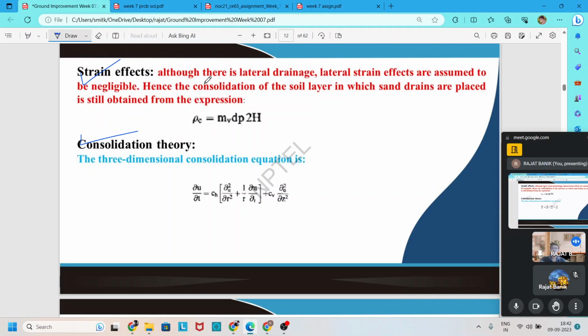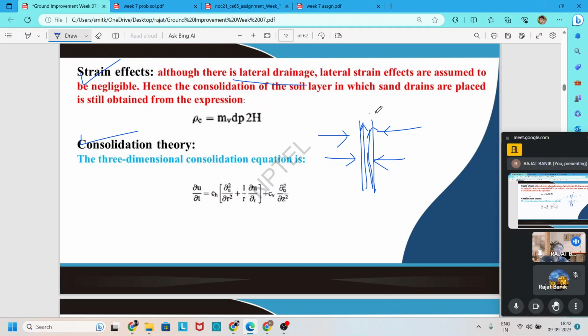Although there is lateral drainage, meaning when we apply vertical drains, water flows in the horizontal direction to the vertical drain, which collects the water and dissipates the excess water. So when we apply the vertical drain, there is lateral drainage.